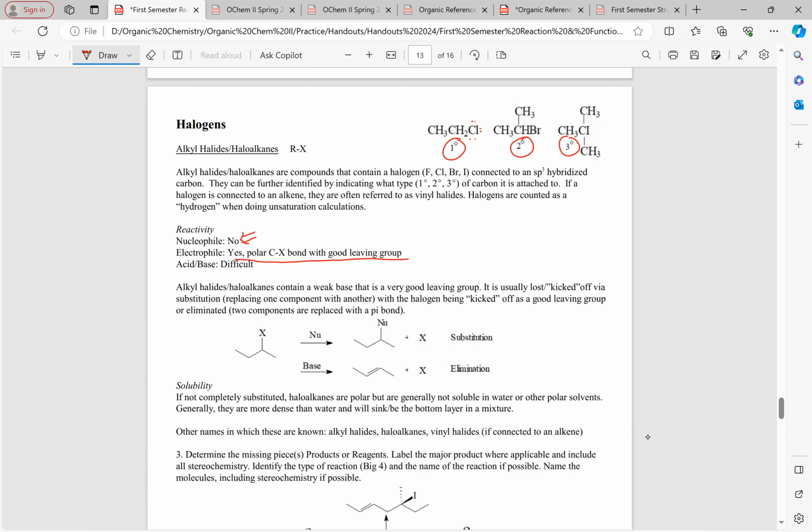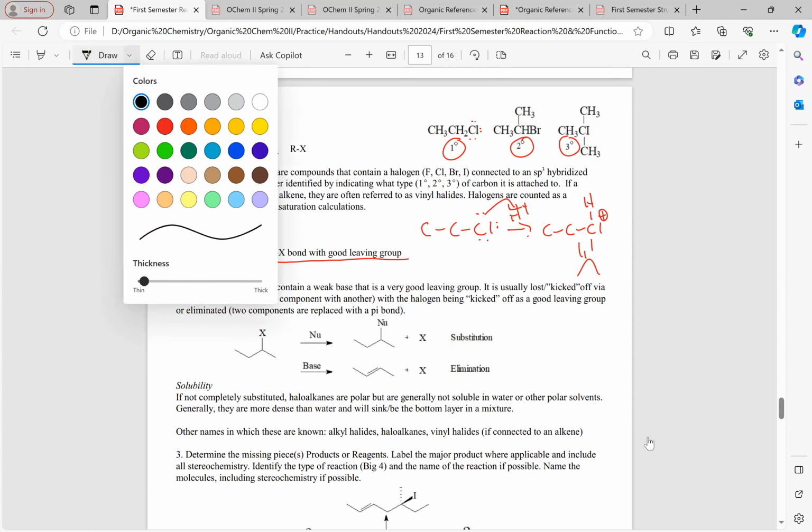So let me show you the difference between the two. If I wanted to make it be a nucleophile, sad. It's not going to want to do that. It would rather break the bonds right here.